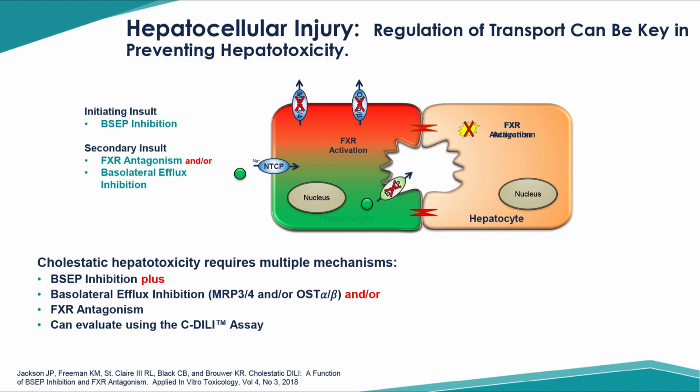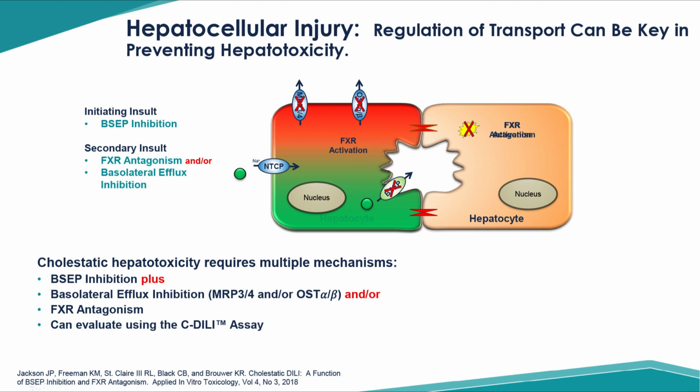However, if there's some other secondary insult, or if your compound, in addition to being a BSEP inhibitor, is an FXR antagonist, kind of like troglitazone here, then you have some other things. So you've blocked or reduced this FXR response, and then if it has other effects, either inhibiting the basolateral efflux transporters, either MRP3 or MRP4 or OSTs, that's when you can really run into trouble.